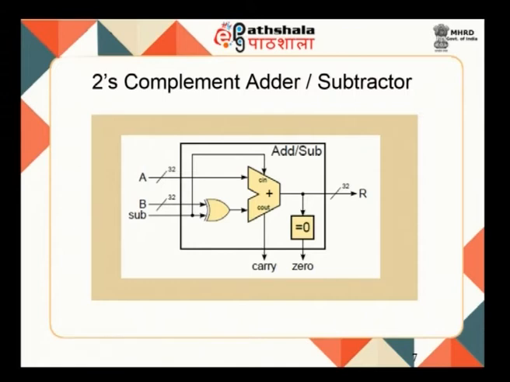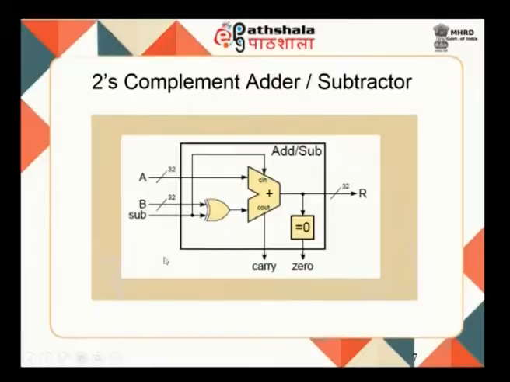But normally what is done is that negative numbers are represented in the complement form, more preferably in the 2's complement representation, and an adder unit is enough to perform subtraction also, because a subtraction operation can always be converted into an addition. When you have to do a minus b, it can be written as a plus minus b. So it is enough if you have a combined adder subtractor unit to do the subtraction operation.